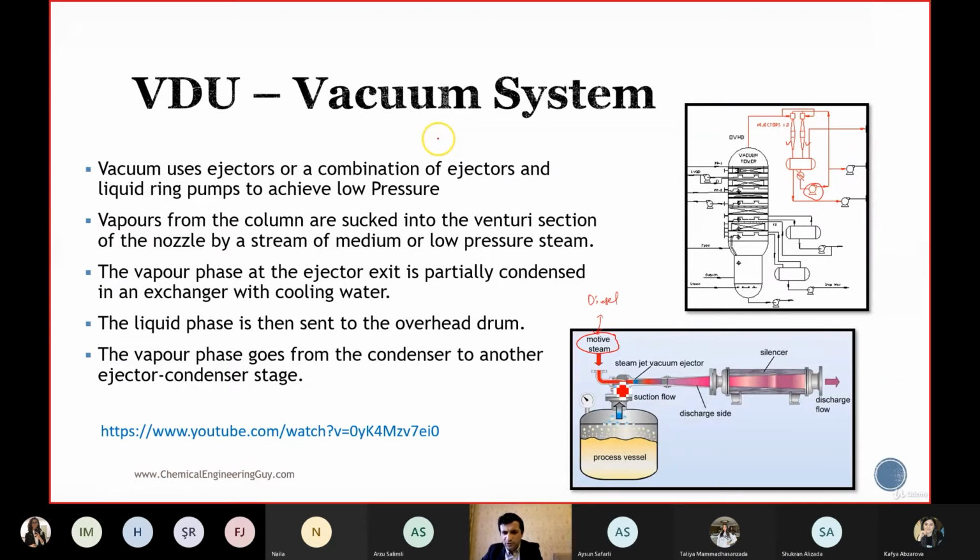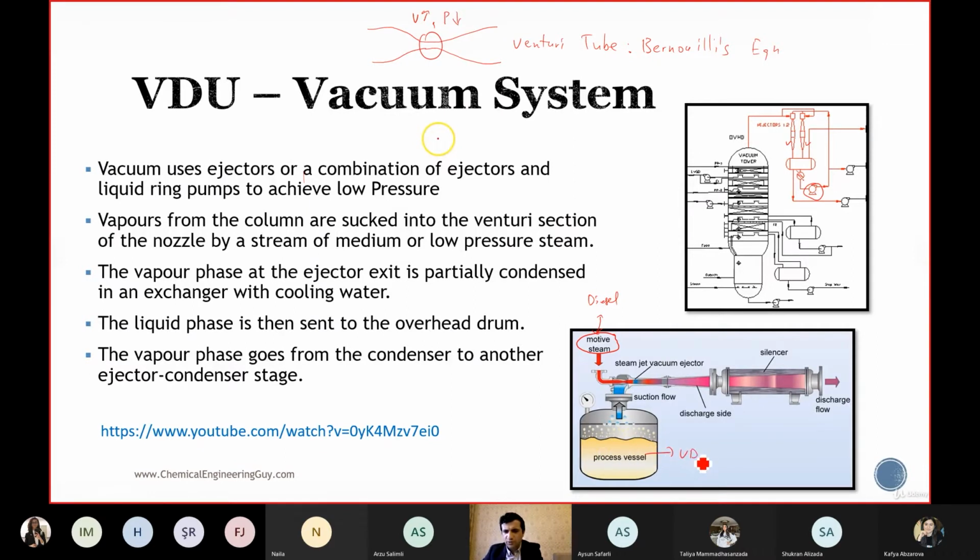Here you have the venturi tube, where we can apply Bernoulli's equation. And once it comes here, the velocity becomes higher and pressure becomes lower.